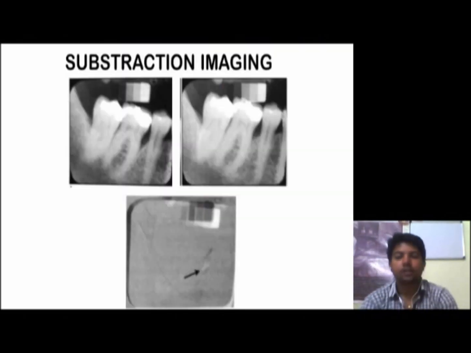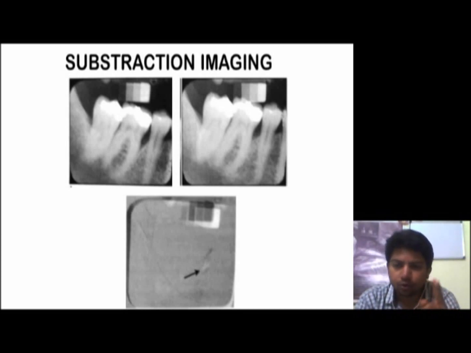Digital subtraction radiography also comes under digital imaging, where two different X-rays are superimposed over one another and the subtraction is done. Before doing this, they should be geometrically equal, and after subtraction, depending upon either new bone formation or loss of bone, there will be a grayish change in the subtracted image.